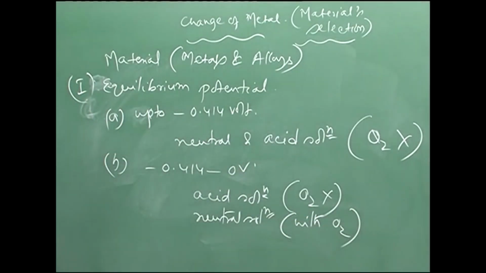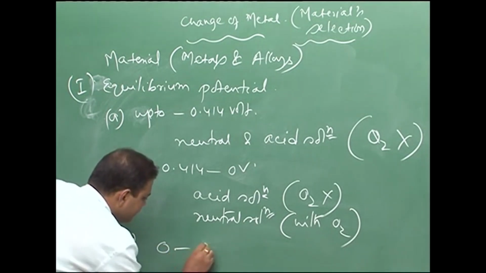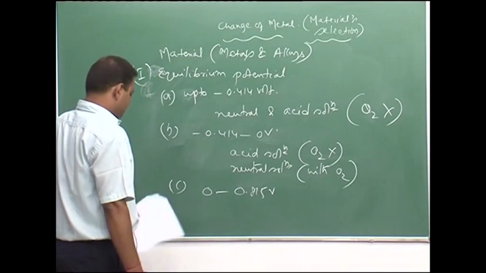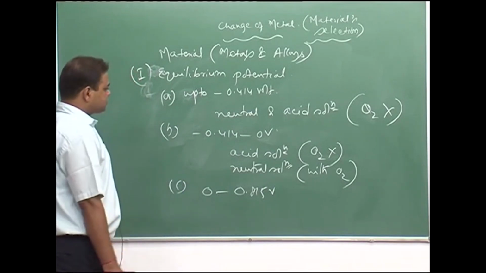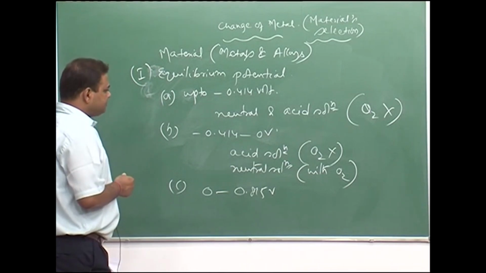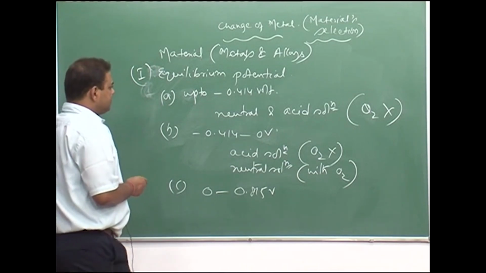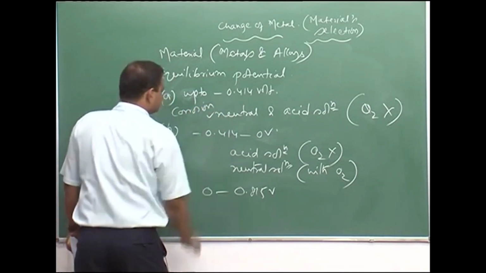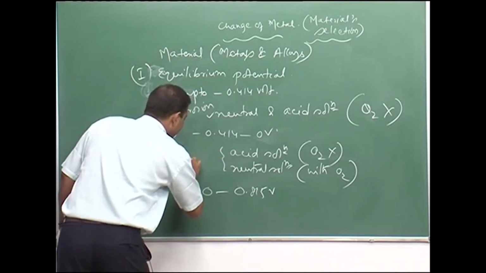With the presence of oxygen we can have corrosion. Then the third one, the potential range is 0 to 0.815 volt, where those materials are generally stable in acid and neutral media if oxygen is absent. So, the corrosion happens here, corrosion here also.